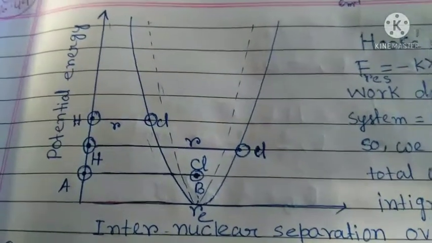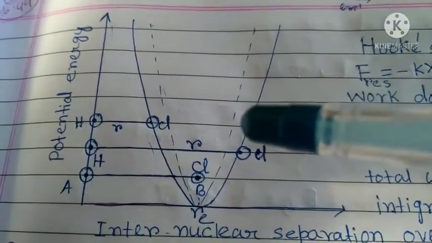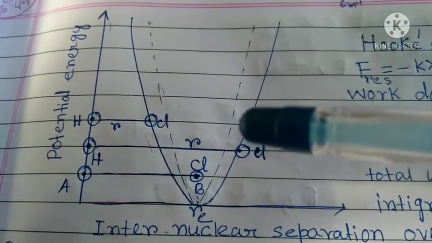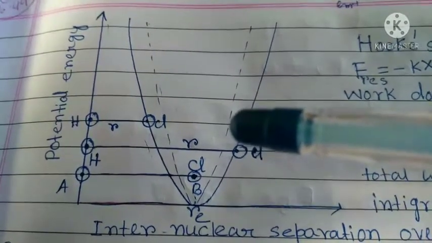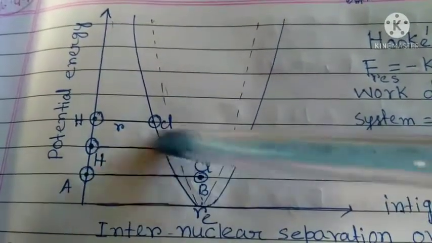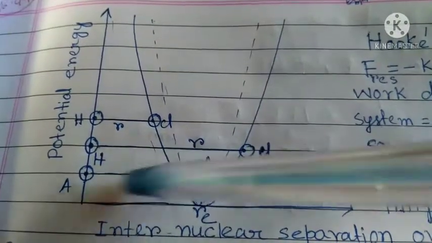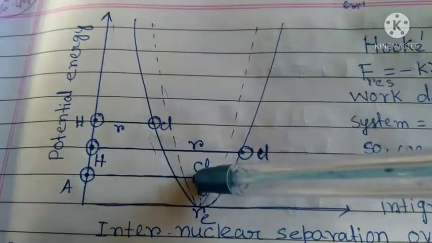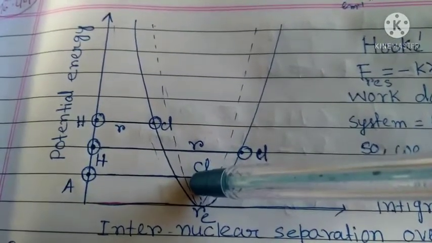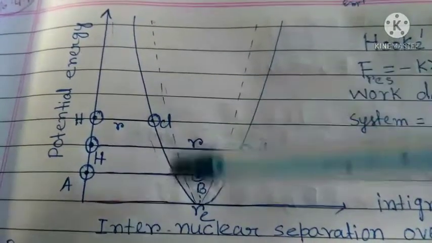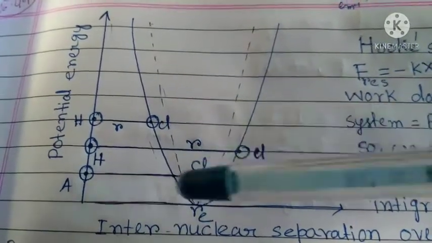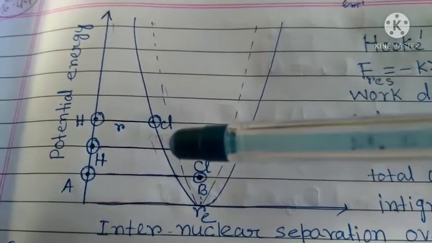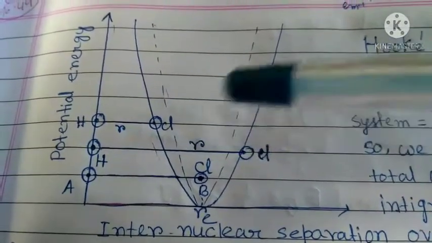During this vibration, some changes happen within the molecule, and basically this potential curve depends on the change in the bond distance between the atoms. Also, like any other spectroscopy, vibrational spectroscopy is the result of light matter interaction.